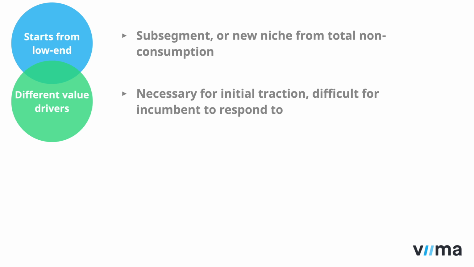Now, this is vital for the disruptor because without this, they just couldn't compete with the incumbents, but it's also what makes it so difficult for the incumbents to respond to. They've spent years or decades perfecting their processes and business models, so it's quite understandable that they can't and usually don't want to change these anytime soon.